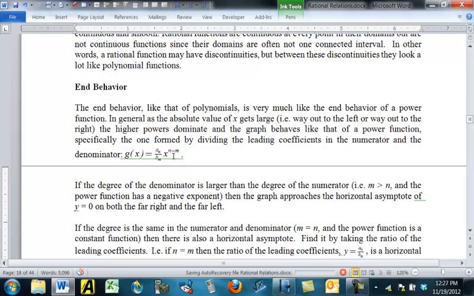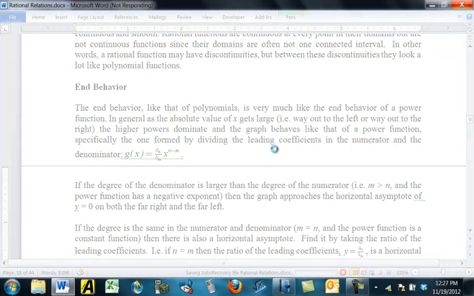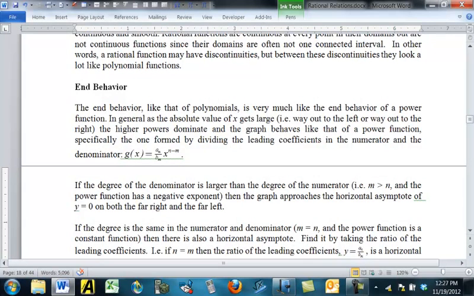So basic rule: if the power is bigger in the denominator, then you're going to get the horizontal asymptote of the x-axis. Now, if the power is bigger in the numerator, then it's not going to have a horizontal asymptote.